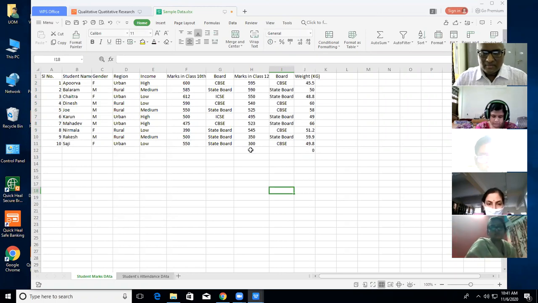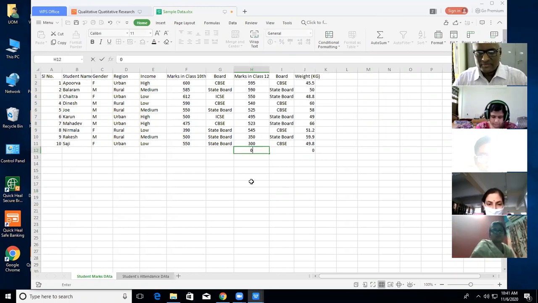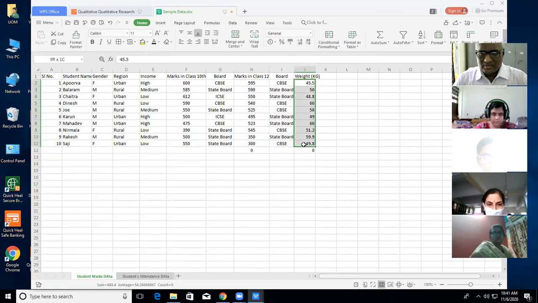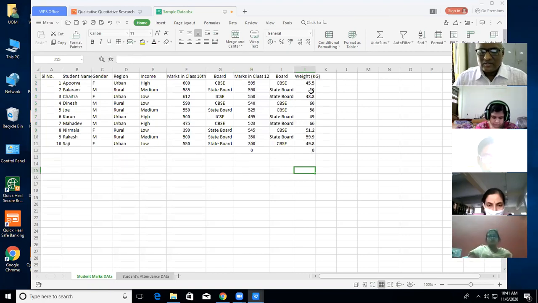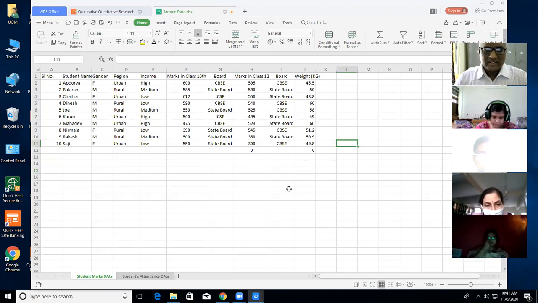Marks, for example, we have zero marks also. This is a ratio scale because it has a true zero point, and we collect the data using some scale. This is marks, 100 for 100, 600 for all the subjects put together. How many marks have the students scored? This is the weight of the students in kgs, or you may take the height.